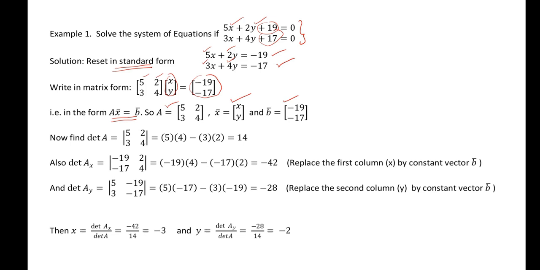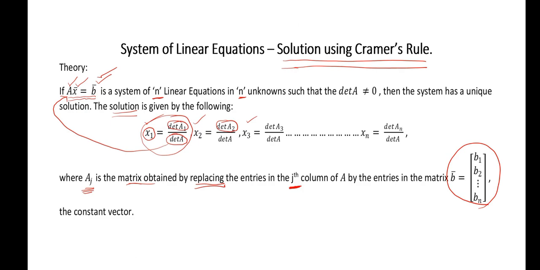Let's see why. From our previous slide, x is equal to determinant Ax over determinant of A. We need to find what A is and what Ax is.